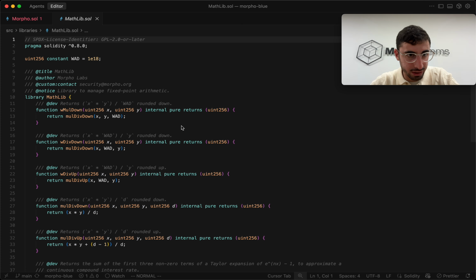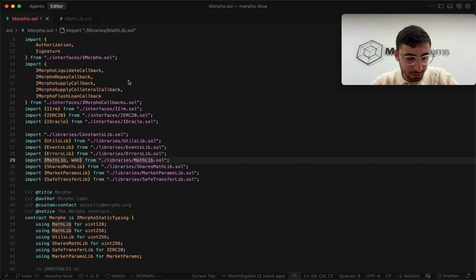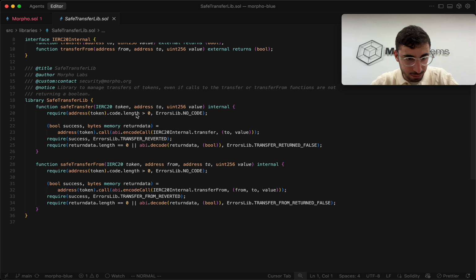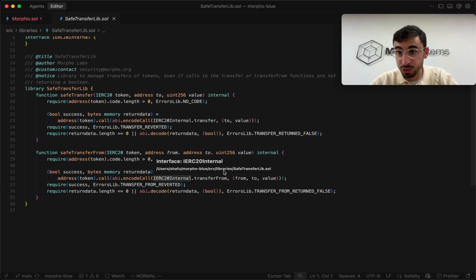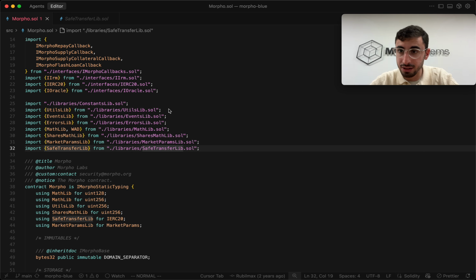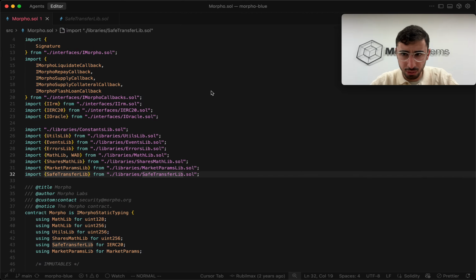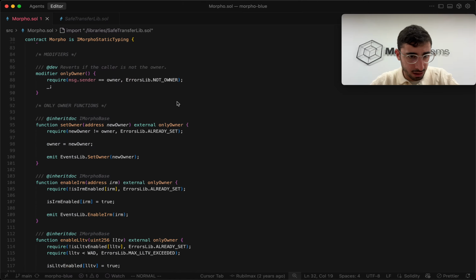So if you go into here, I don't think they've written this from scratch. You could have reused that from Solmate, but they decided to implement everything from scratch, basically without any outside dependencies, which is definitely an interesting take.